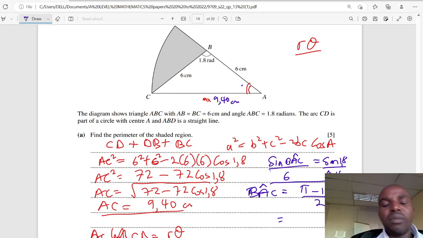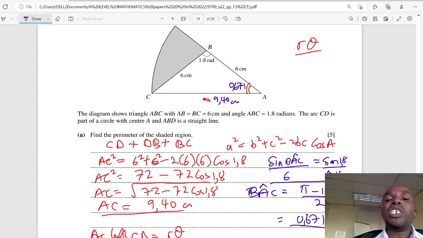Base angles, they are the same. So you can punch in your calculator pi minus 1.8. Then you divide by 2. So it's 0.671 radians.